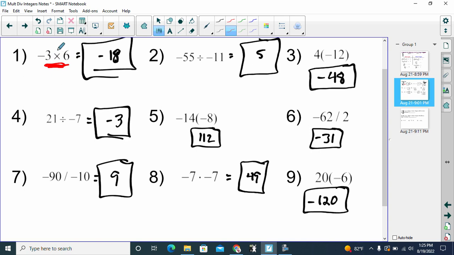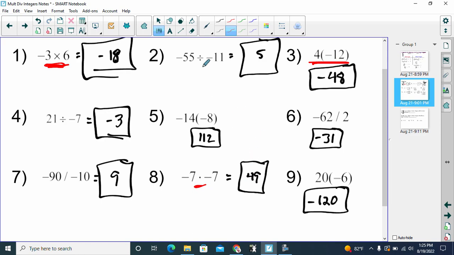So you will not see the X as a times symbol very often moving forward. More often you'll see a number and then another number next to it in parentheses. Or you could see it with the little dot. That means times as well.